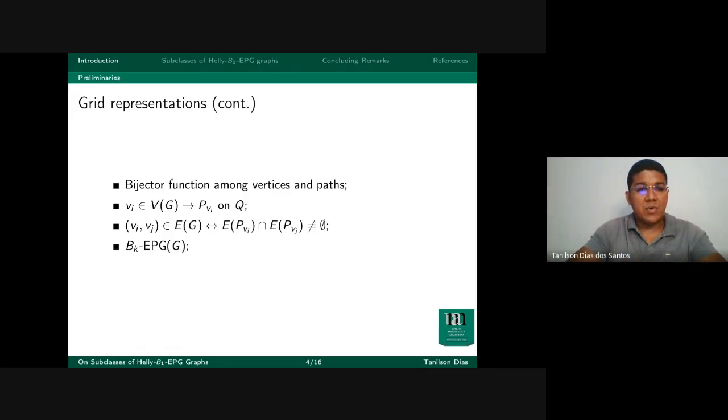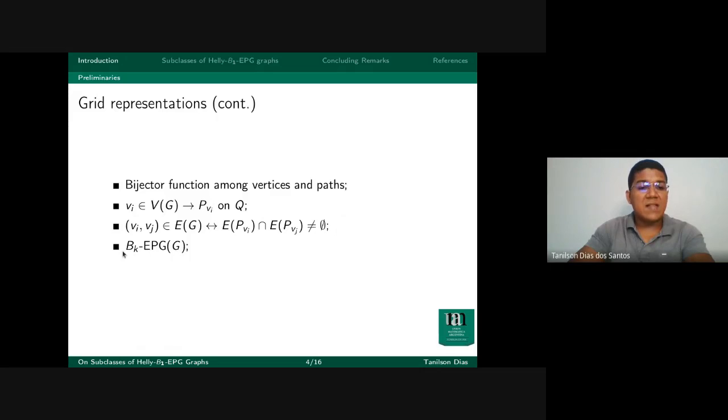This way, EPG representations correspond to bijective functions between vertices and paths. Each vertex Vi that belongs to the vertex set of the graph G corresponds to the path P of Vi on the grid, and two vertices Vi and Vj belong to the edge set if and only if the edge sets of the corresponding paths have a non-empty intersection.